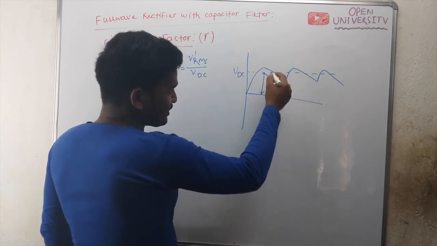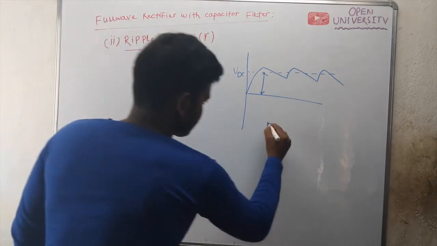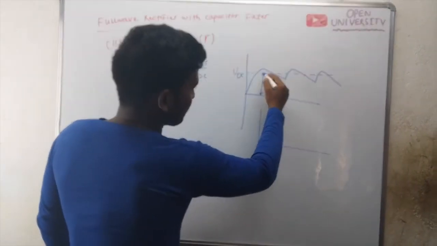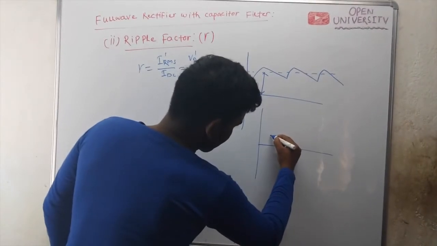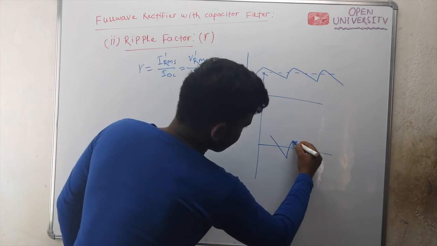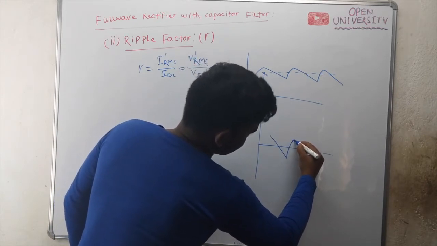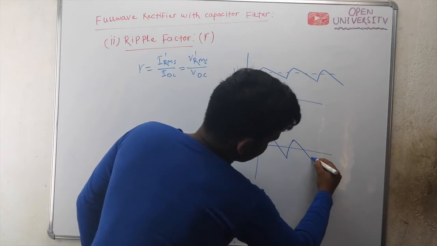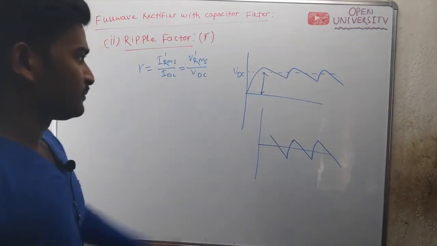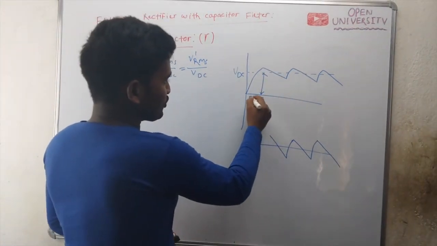If you remove this DC component, you will be getting a waveform something like this. I'm neglecting from 0 to T1.